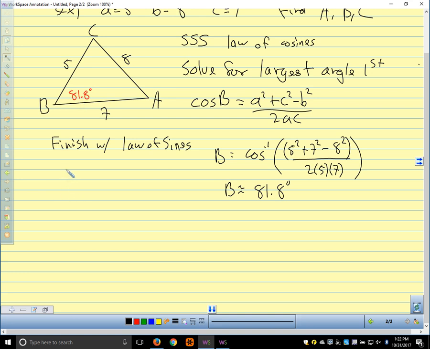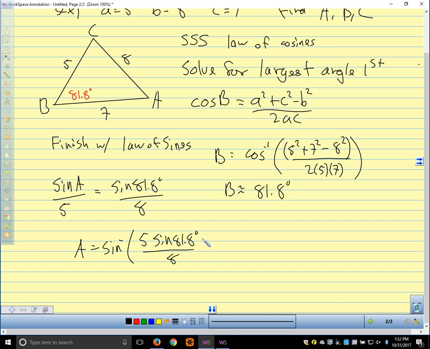So I'll solve for angle A. Sine A over 5 equals sine of 81.8 over 8. So A is going to be the inverse sine of sine 81.8 over 8 times 5. This is exactly what we did last couple times. And I get that A is approximately 38.2.